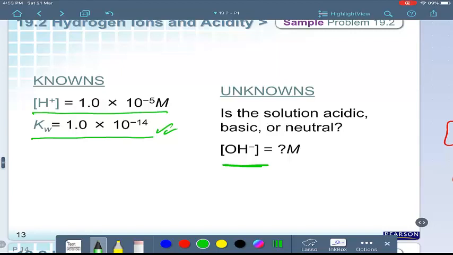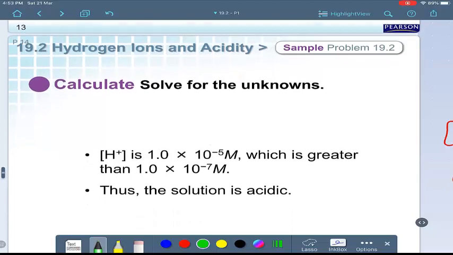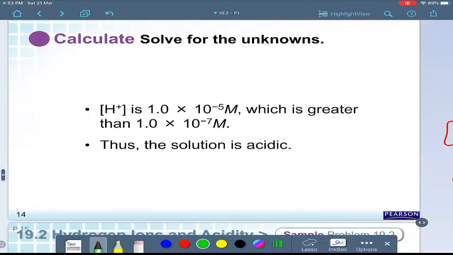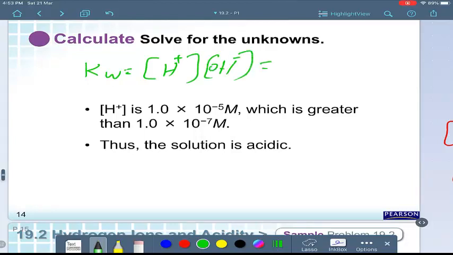Let's answer this. Recall the equation we said before: Kw equals the concentration of H times the concentration of OH negative, equals 1 times 10 power of negative 14.